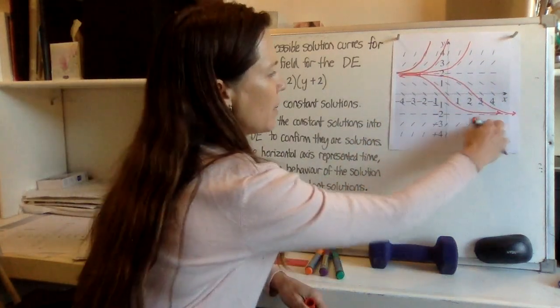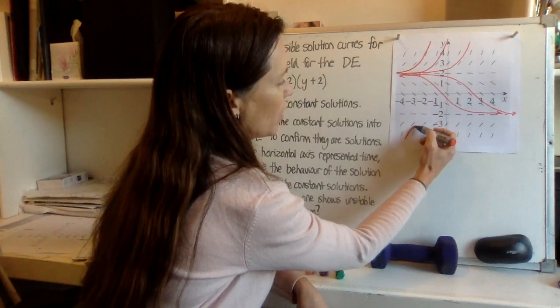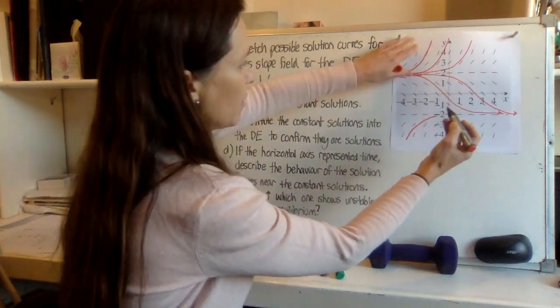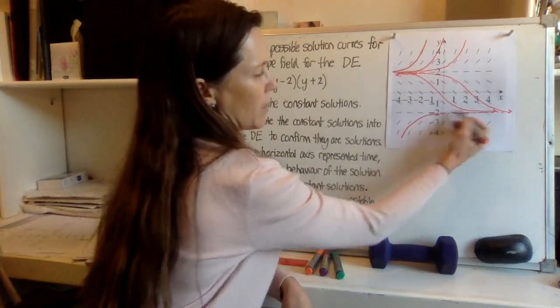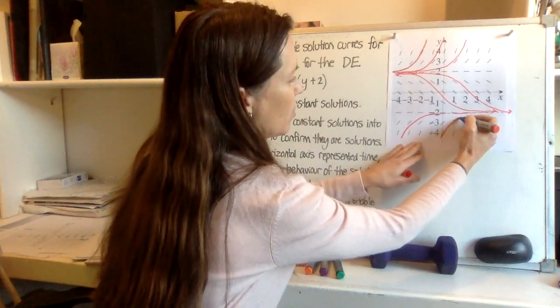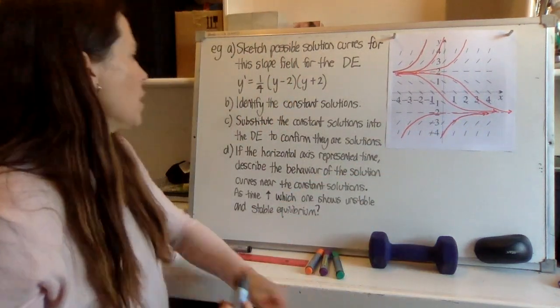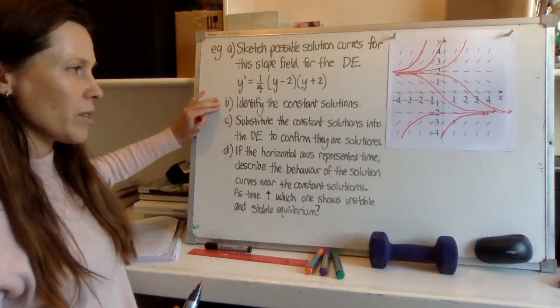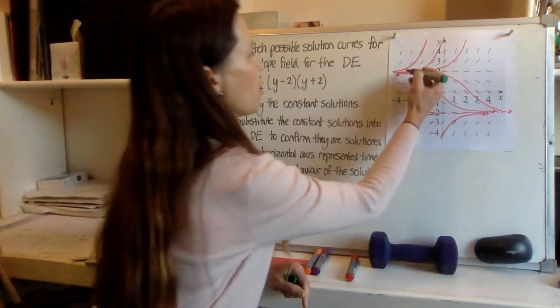Now underneath this horizontal line, we've got the same sort of thing. We could have a solution curve coming up and it's tending then to go towards a horizontal gradient. So whether it does that here or it comes along further before moving up, we've got solution curves that look something like that. All right, identify the constant solutions. Well, we could also have a solution curve that literally just went straight through.